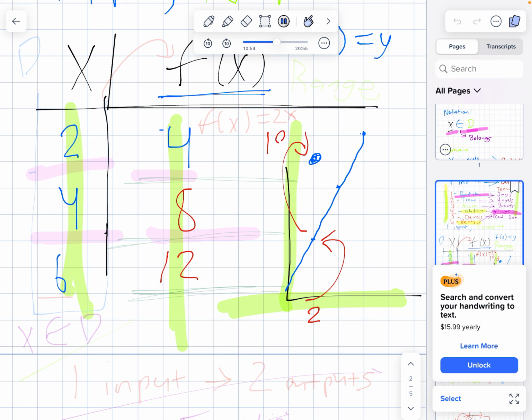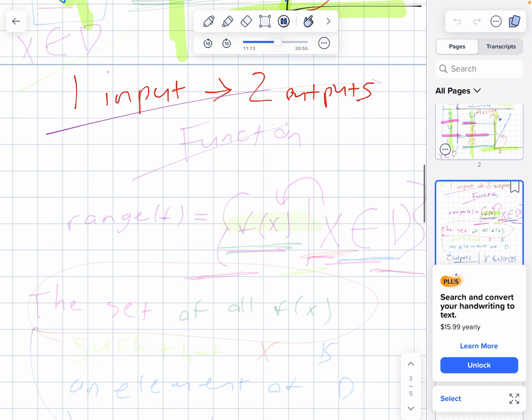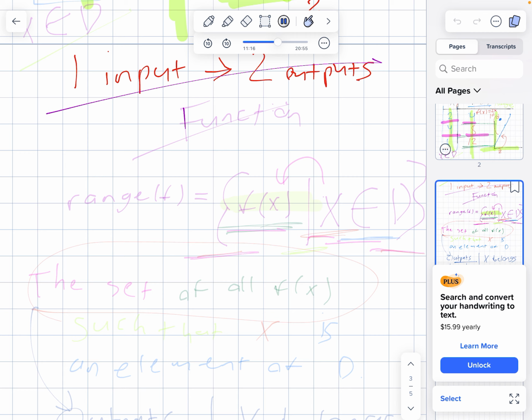So when we have one input going to more than one output, we do not have a function.